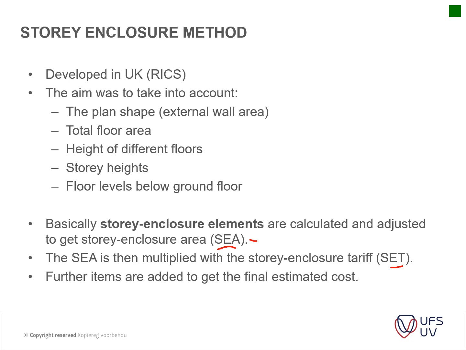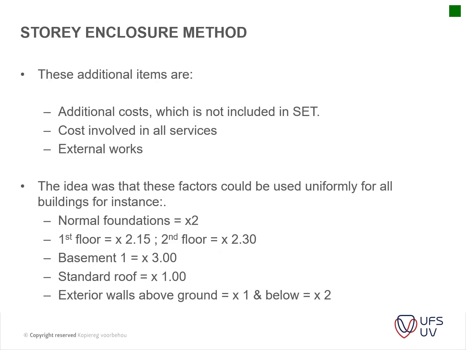Further items are added to get the final estimate, like your external works and any additional items specific to the design, etc. These additional items are additional costs not included in the tariff, like I just indicated. Costs involved in all services, external works, etc.